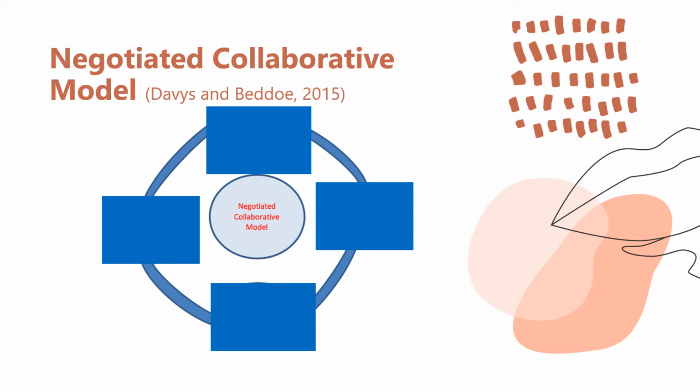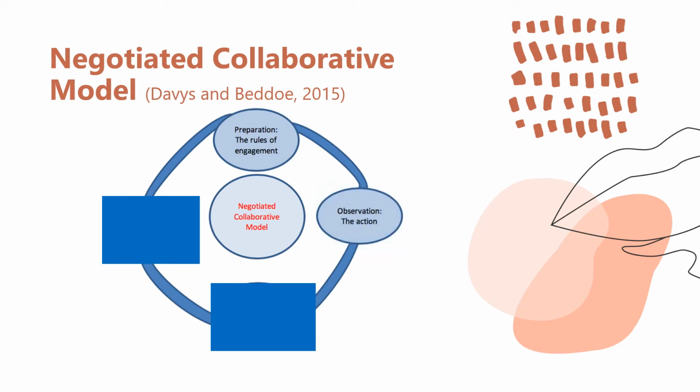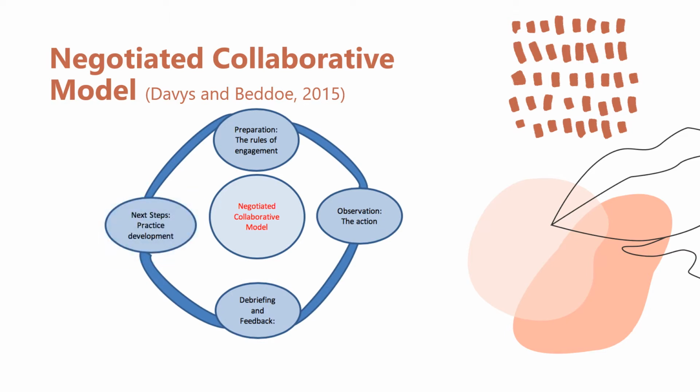So what are the 4 parts of this model? The first part is preparation, the second part is observation, the third part is debriefing and feedback, and the 4th is next steps, where we're looking at practice development.